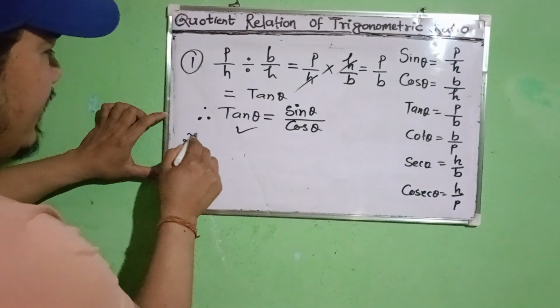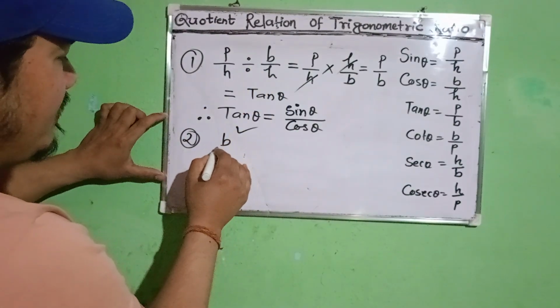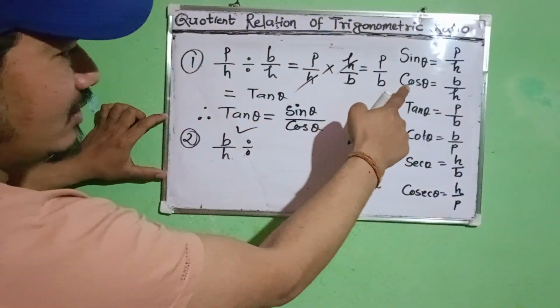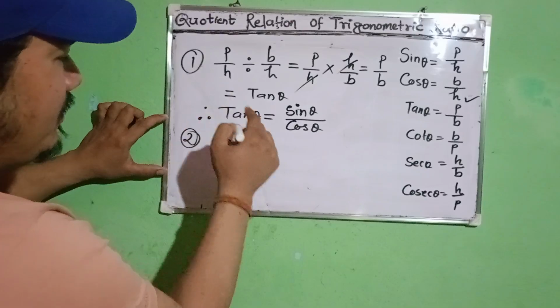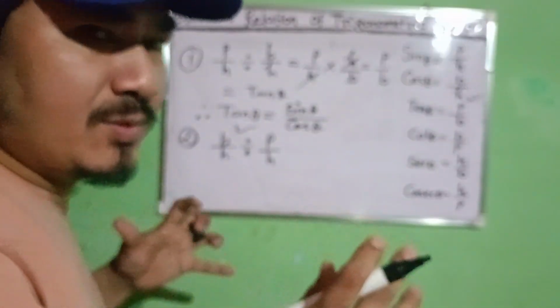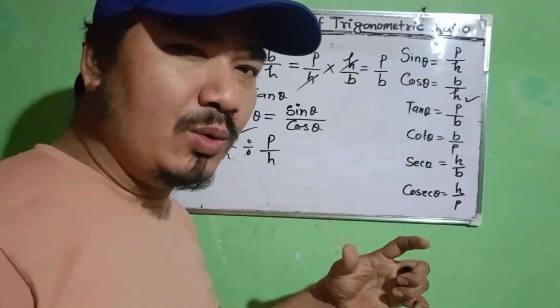Now let's find the second. Let's divide b by h, which is cos theta, by p by h. The same thing applies here: divide changes into multiply.